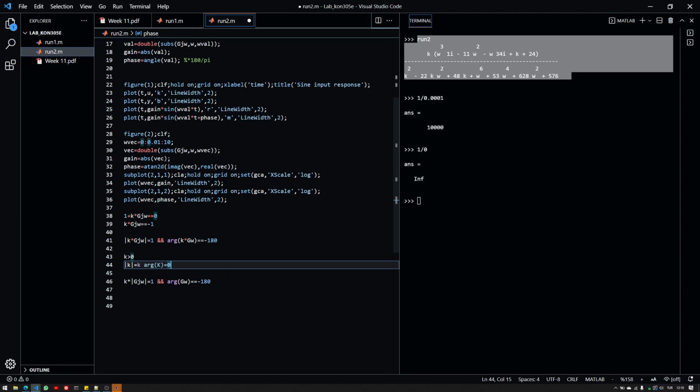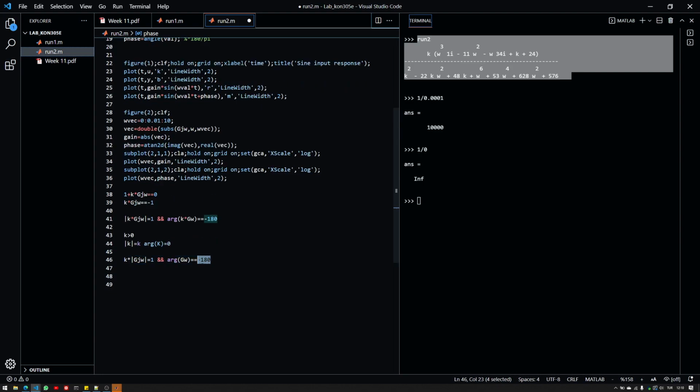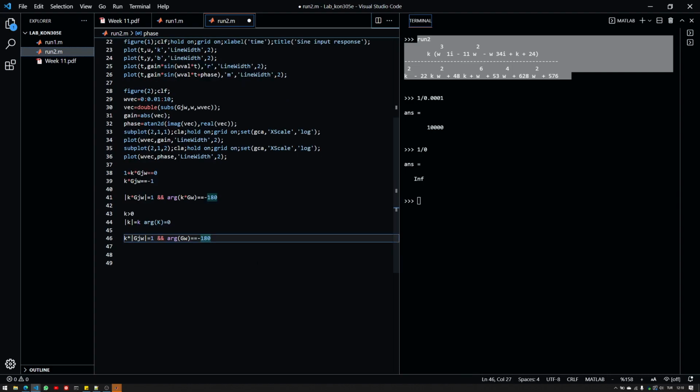So the point that we should choose to get 0 denominator is the point where g omega has -180 degrees angle. If that's satisfied, and if I somehow come up with a p-type controller that satisfies this equation, both would be satisfied simultaneously, which would give me -1. And this being -1 means that the closed loop will be unstable. So, yeah.